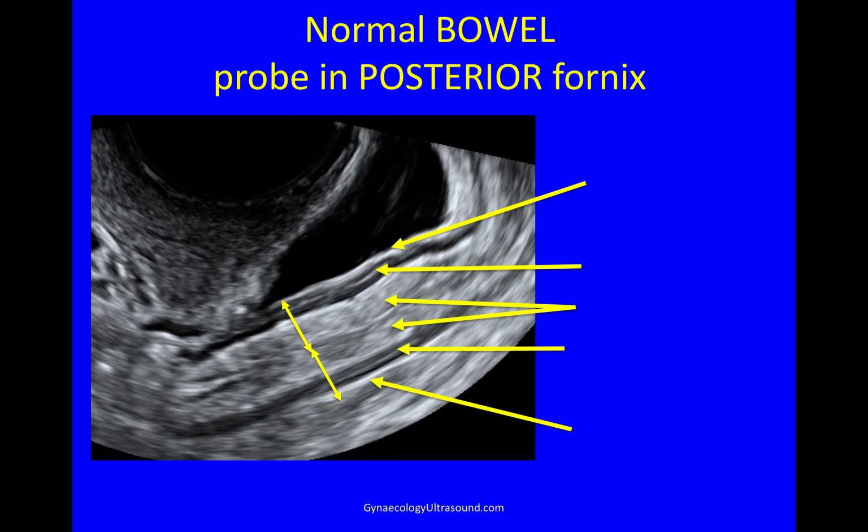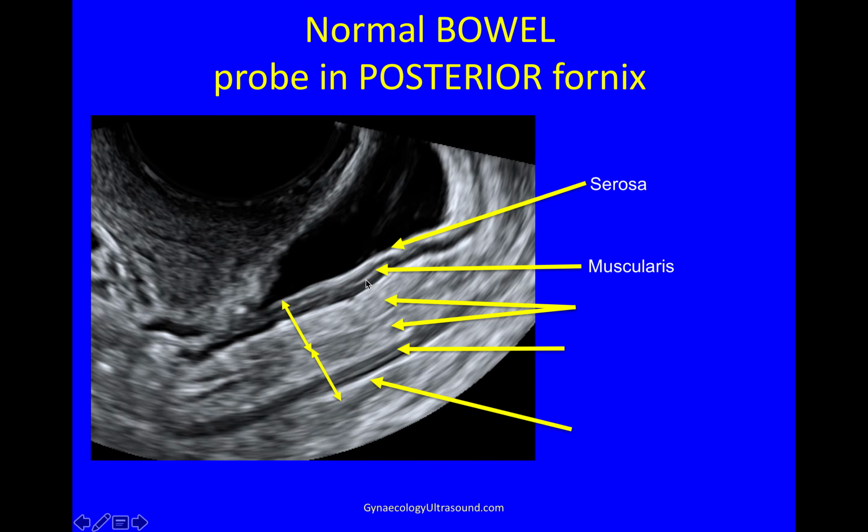Looking at normal bowel first, the probe is in the posterior fornix, and you can see here again, you can see normal posterior vaginal wall. You can see here the normal overlying peritoneum, and it's not thickened. This is the pouch of Douglas, tiny little bit of fluid. And then you can see that this white layer is the serosa. The dark layer here with the white line in between, that's the muscularis layer.